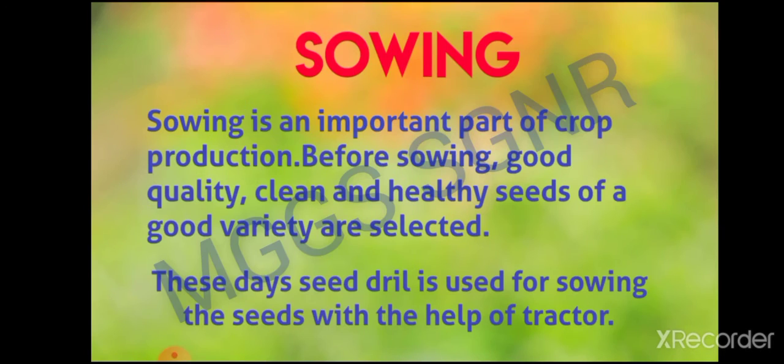Now, next is sowing the seeds. Sowing is an important part of crop production. Before sowing, good quality, clean, and healthy seeds of good variety are selected. Do you know what process the farmers adopt to select the good seeds?